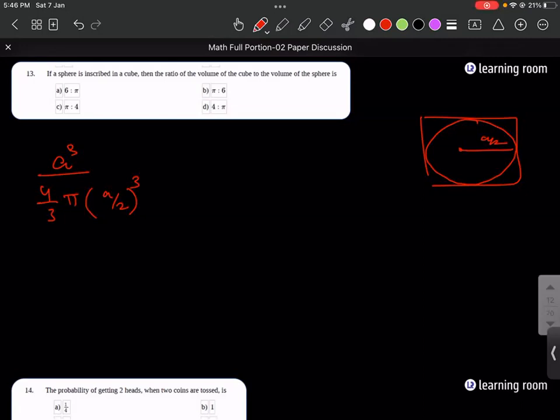Sir, I did it a little differently. I took the radius as r and the edge as 2r. Both are the same. Sir, the calculation will be different. No, because that 2r which you took, this 2 will go to the numerator as cube. It will be the same thing.